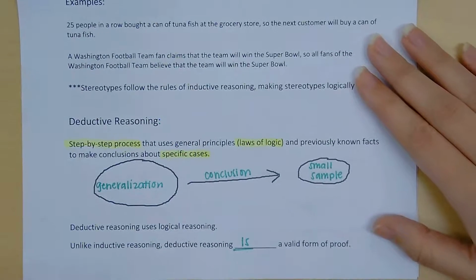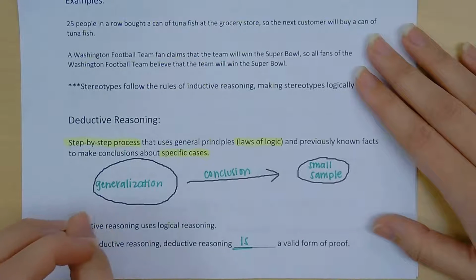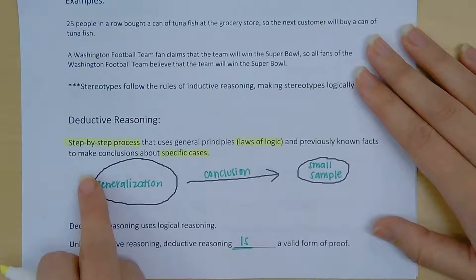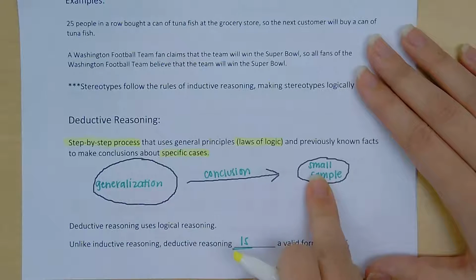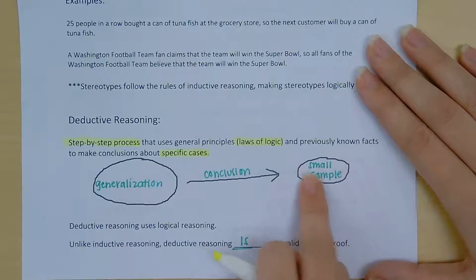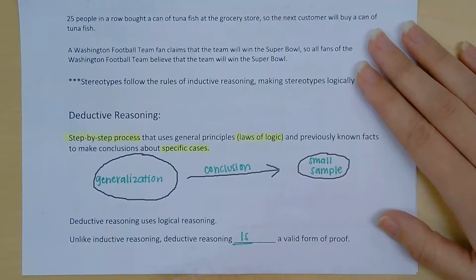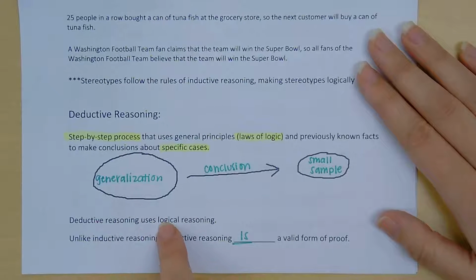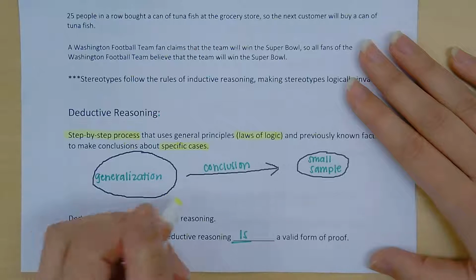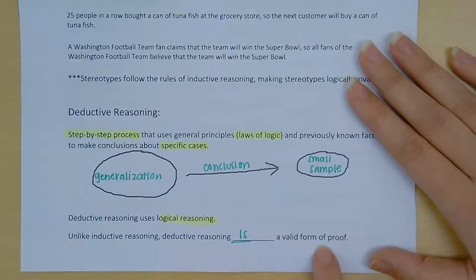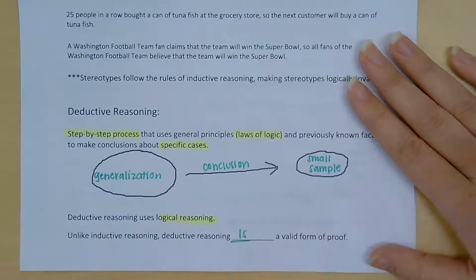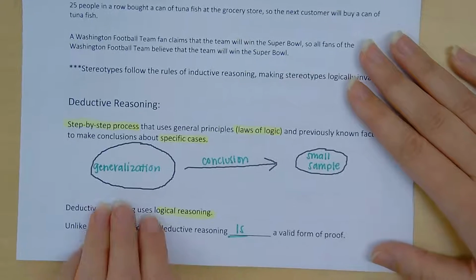So we're going to be using facts and a process and taking a generalization to then conclude something about a small sample. All right? Deductive reasoning uses logical reasoning, which means that it is a valid form of proof. It is logically sound.